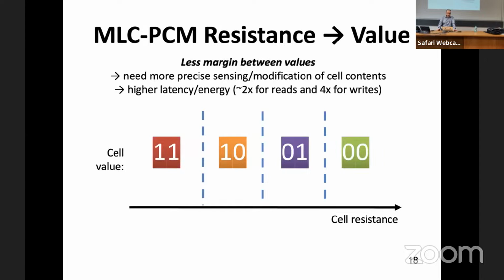Then, of course, you have less margin between values and need more precise sensing and modification of cell contents, with higher latency and energy, 2 times for reads, for example, and 4 times for writes. So compared to SLC, single-level cell PCM, here you need to spend more time and more energy to read and write, essentially, which makes sense, I guess.